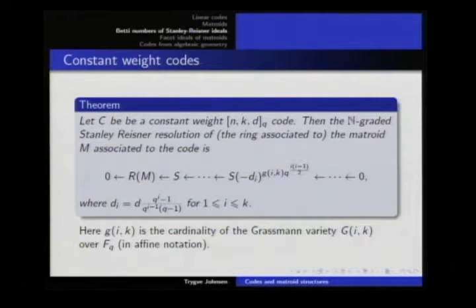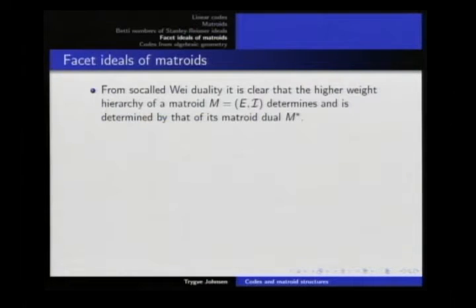Okay, so something I haven't said is how do you get, if you have a code and you have the higher weights of it, the higher weights of the dual code?